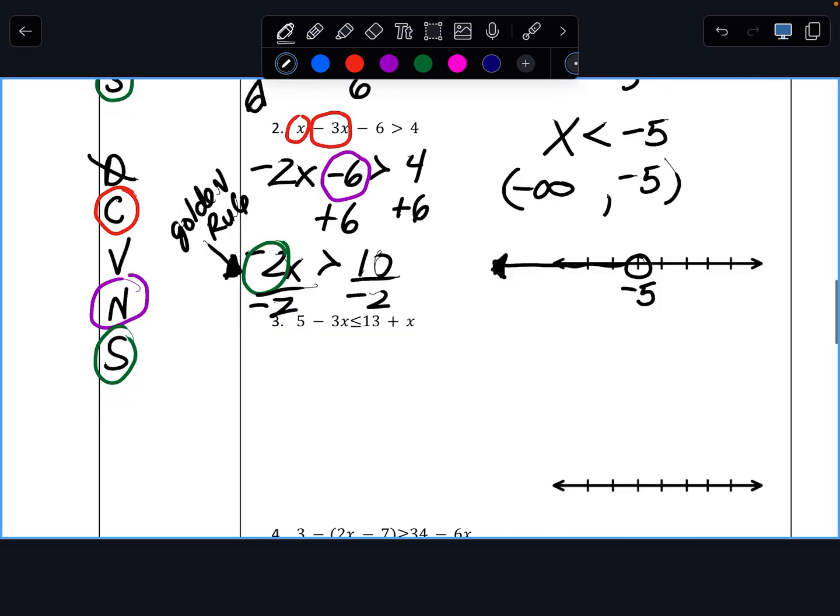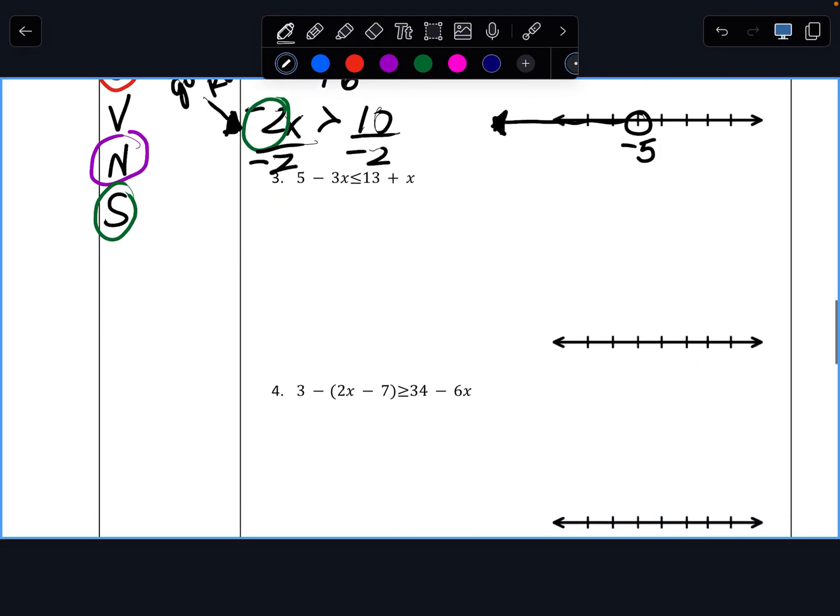All right. Now, let's do number 3. I have 5 minus 3x is less than or equal to 13 plus x. Great. So, do I have distributive? No. Do I have combine like terms? I don't. How about variable? I do.